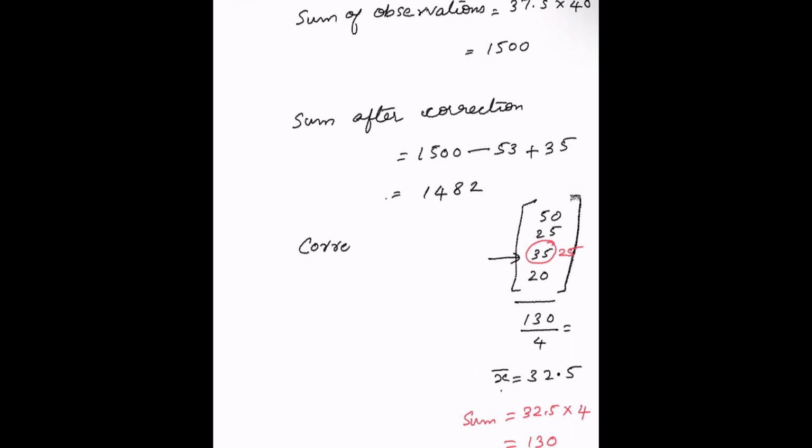Now find the corrected mean. 1482 divided by, what is the total number of observations? 40. 1482 divided by 40 will give you the corrected mean. 37.05 kilogram. So initially it was 37.5, but the corrected mean is 37.05. Understood?